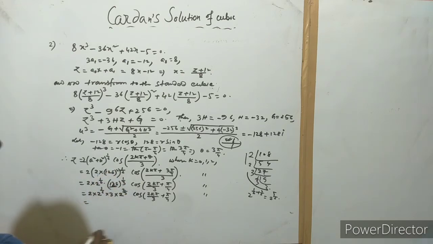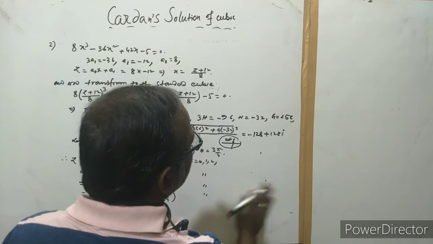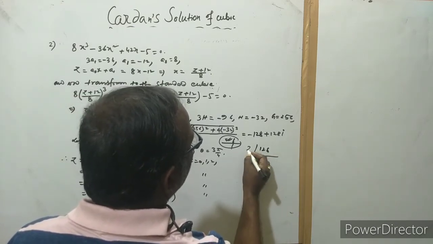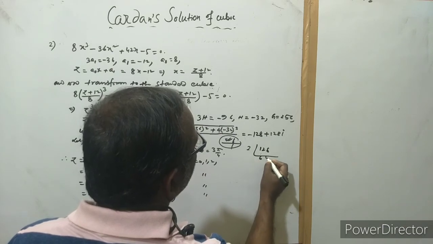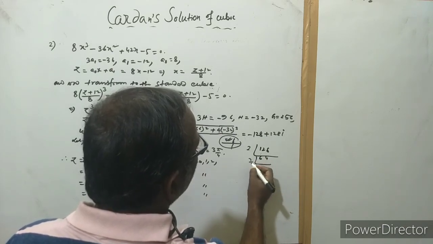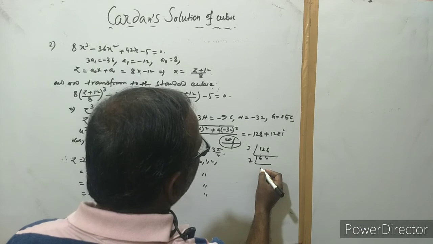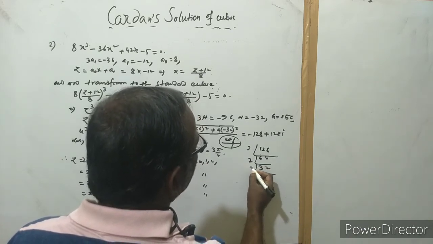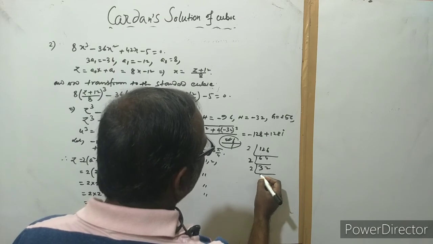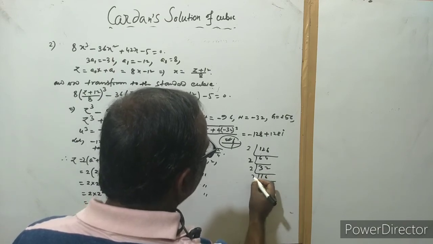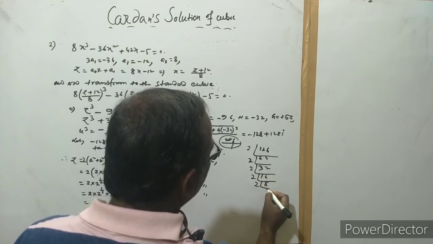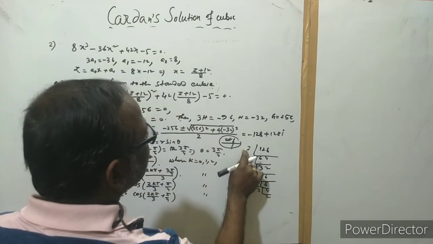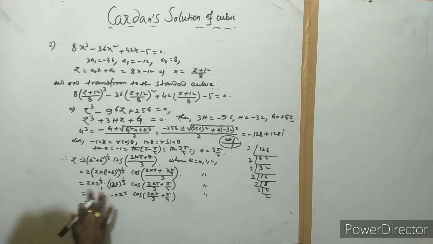This is 128. 2 into 64, 2 into 32, 2 into 16, 2 into 8, 2 into 4. 1, 2, 3, 4, 5, 6, 7.